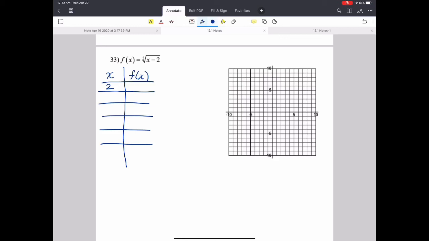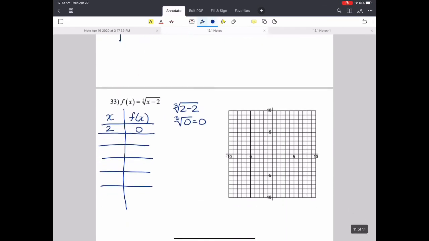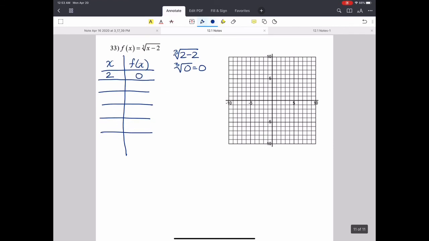If you do that, you're going to get 2 minus 2, which is 0, and the cube root of 0 is still 0. Let's say I wanted that to equal 1. Well, I could use 3. So 3 minus 2 is equal to 1, and the cube root of 1 is still 1.